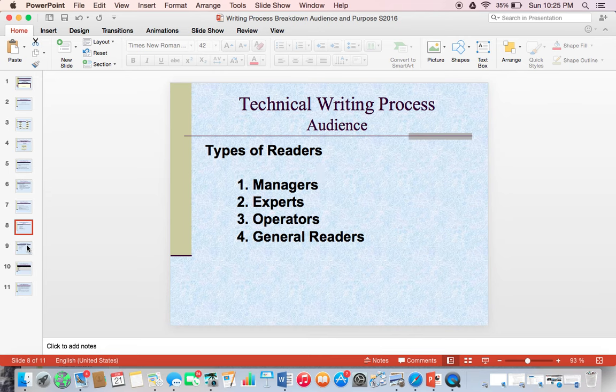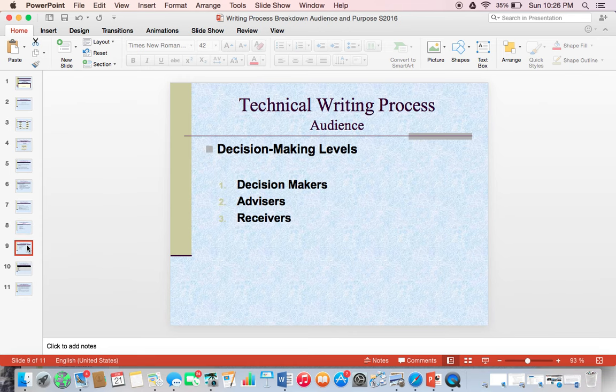How the audience or the reader uses the information you supply them with can be looked at from this perspective. Some of these people might be decision makers. In other words, they're the people who are going to decide who is hired, how much money to be allocated, who does what.